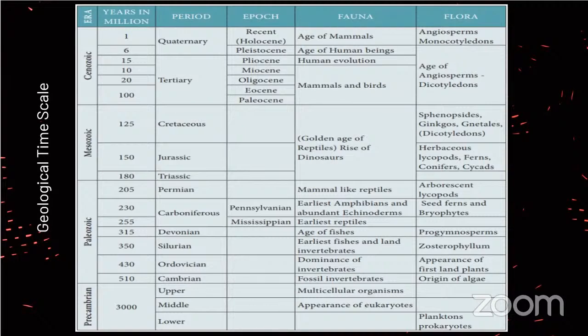In the lower, middle, and upper Precambrian zones, we can observe multi-cellular organisms, the appearance of eukaryotes, and fossil invertebrates. And the Paleozoic era starts from 510 to 205 million years ago. It is divided into Cambrian, Ordovician, Silurian, Devonian, Carboniferous, and Permian.